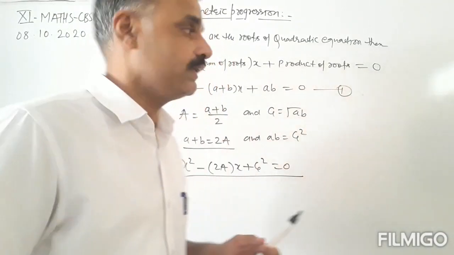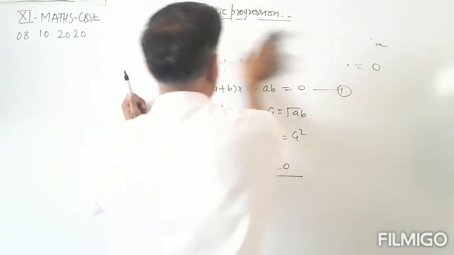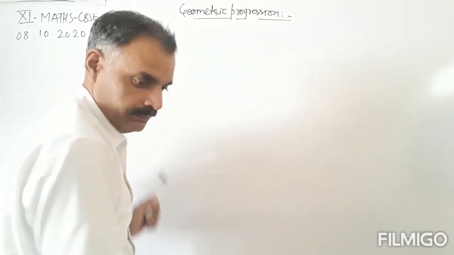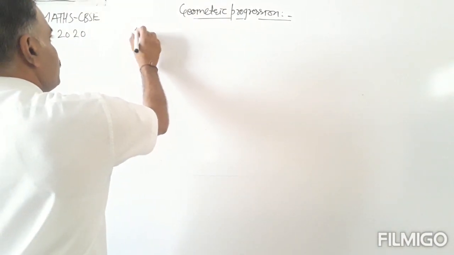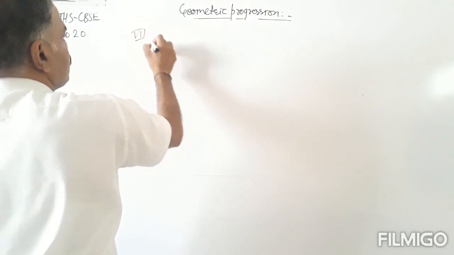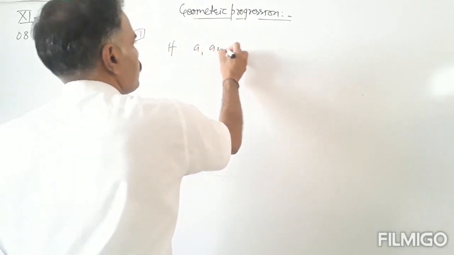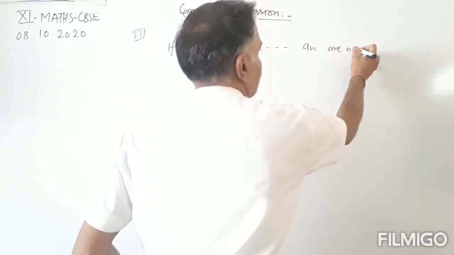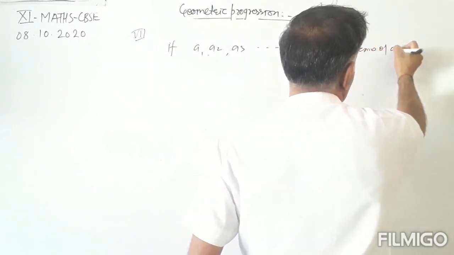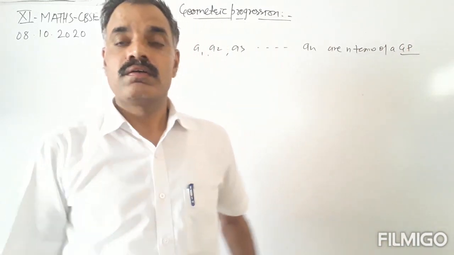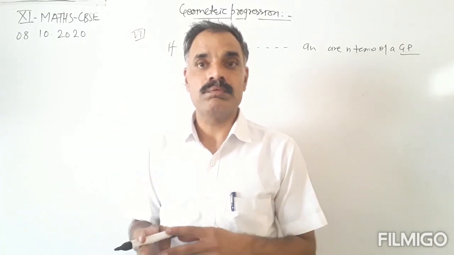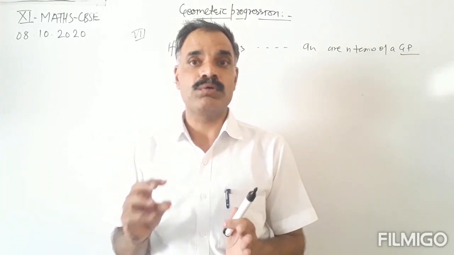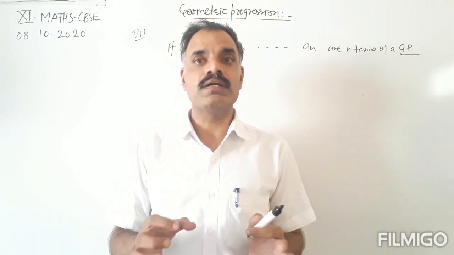Okay, now the next property, that is the seventh property: if a1, a2, a3 and so on up to an are n terms of a geometric progression, then the product of the terms at equal distances from the beginning and from the end is always the same.